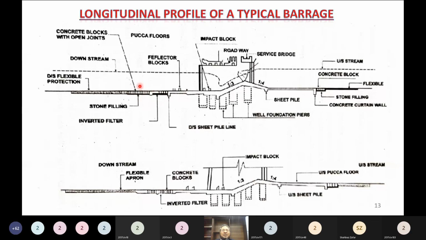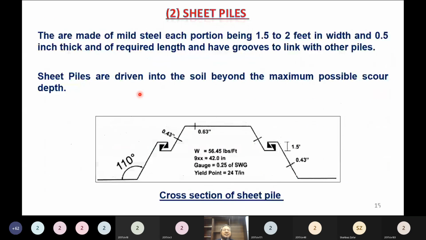This is the downstream end of the downstream concrete floor, and this is the downstream flexible apron. Flexible apron means these are very large stones or boulders which are provided here, and these are the inverted filters. What is an inverted filter? That we will discuss in detail in the next lecture.